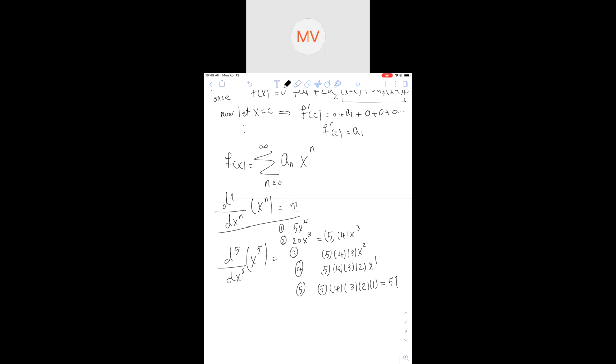So the nth derivative of this is going to be n factorial a sub n.